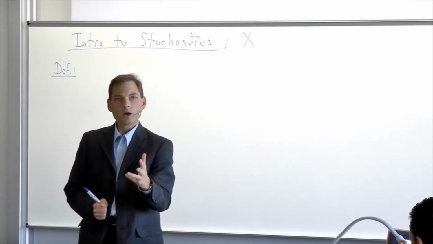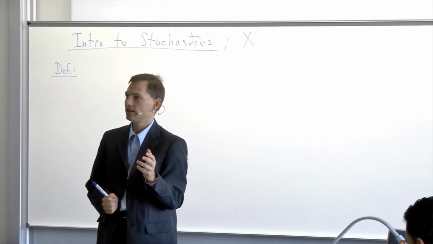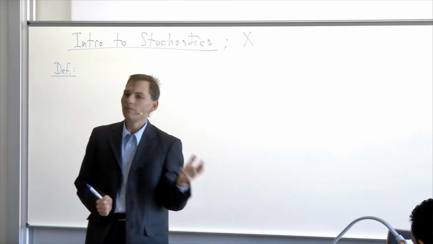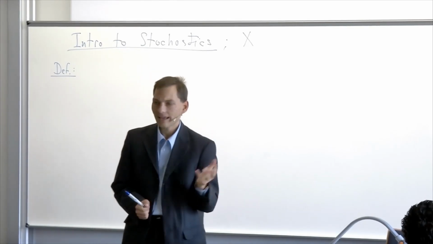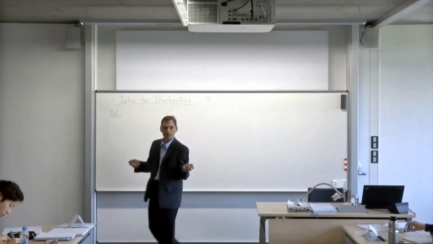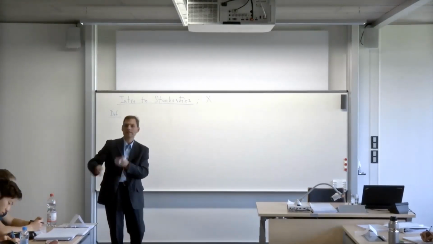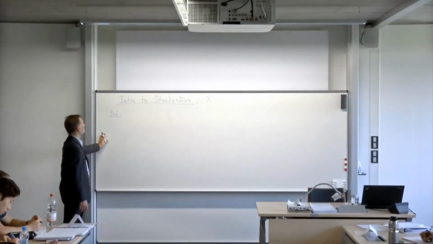And a stochastic process is very close to this idea. In the end, it's a sequence of random variables. A stochastic process is defined as a sequence of random variables. So if we have random events over time, that is what we call a stochastic process.